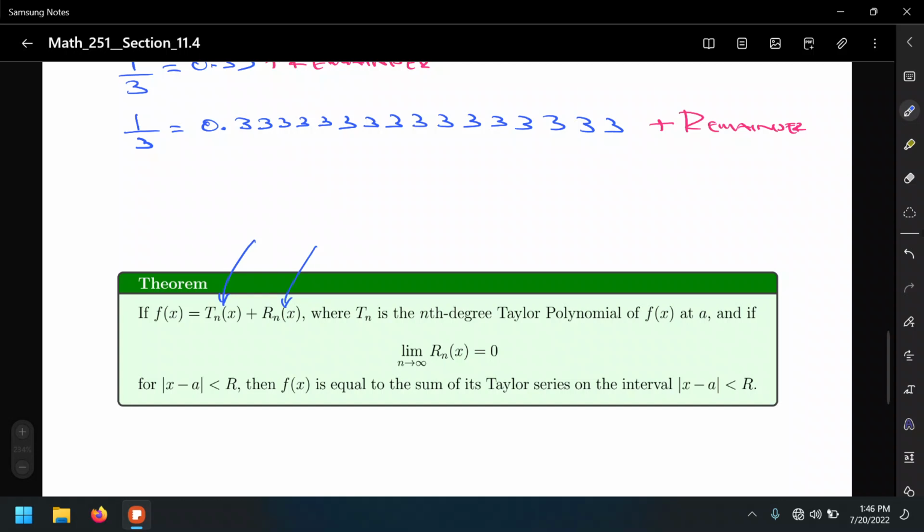Now, what happens? This limit expression is telling us that the limit of using infinitely many terms makes the remainder equal 0. That's the whole thing about an infinite series: if we use infinitely many terms, we have no remainder.